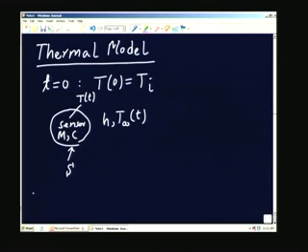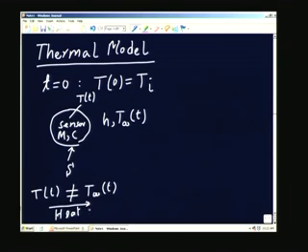Suppose we say that T at any instant t is not equal to T infinity at that particular instant of time, there will be heat transfer in this direction. Of course, depending on which temperature is higher, the heat transfer direction will depend on the direction of decreasing temperature. It will be in the direction of decreasing temperature.